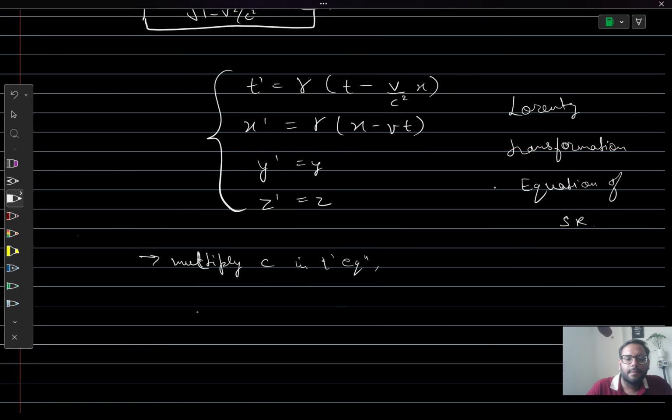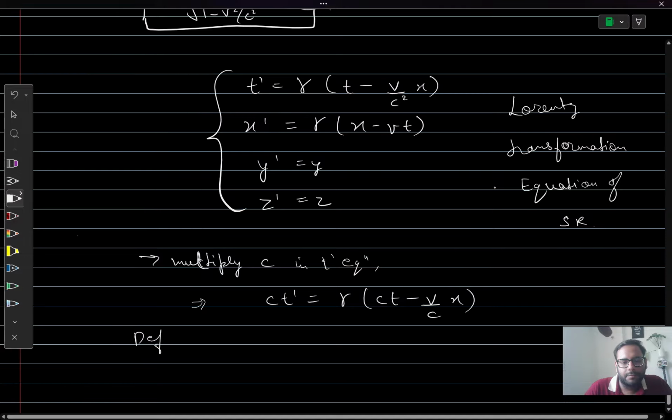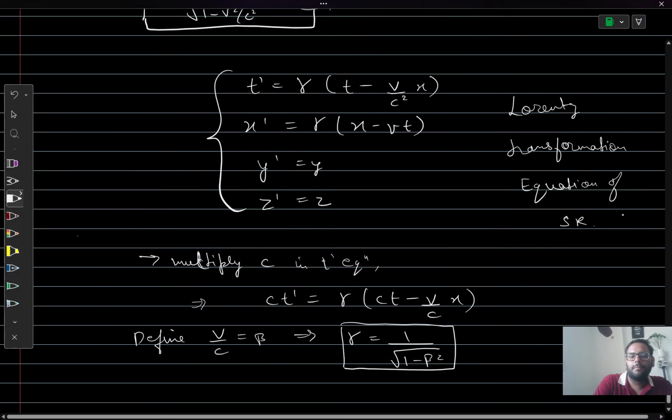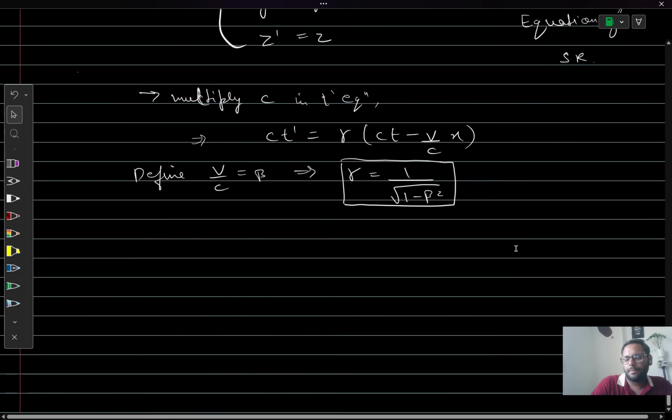So we will have ct prime as ct minus v by c times x, and let's define v by c as beta. This will imply that gamma is actually 1 minus beta squared.